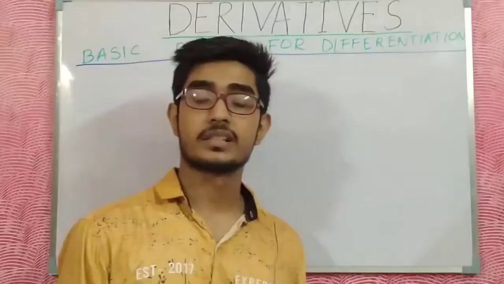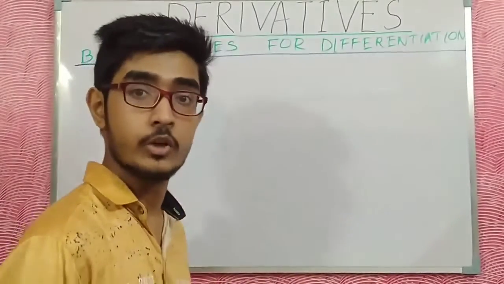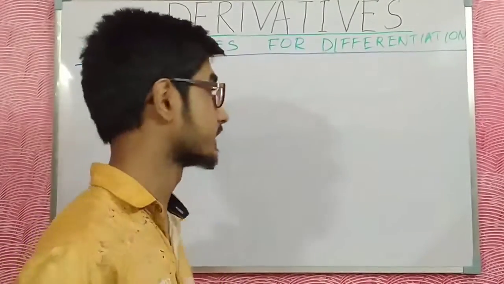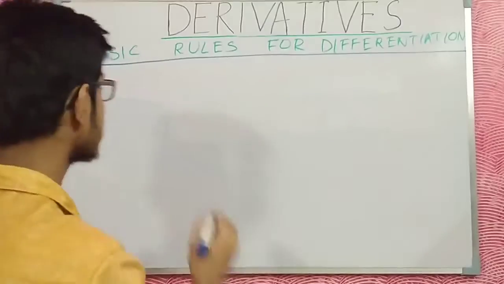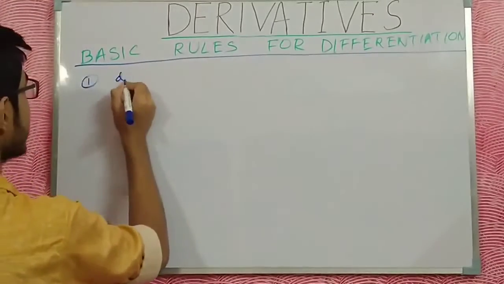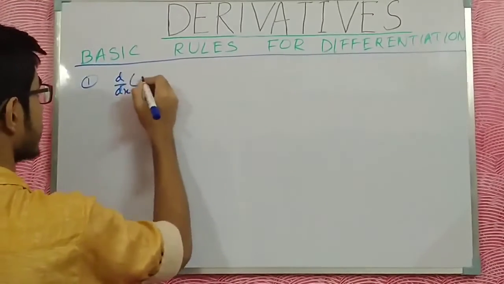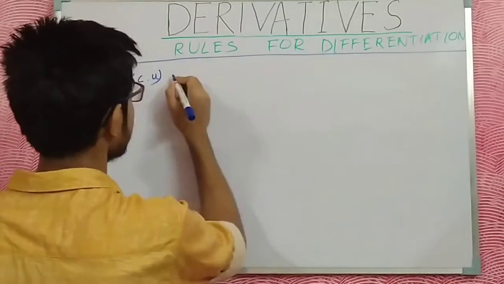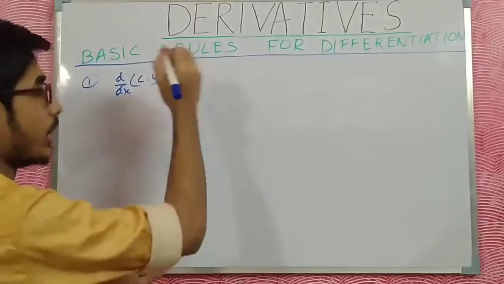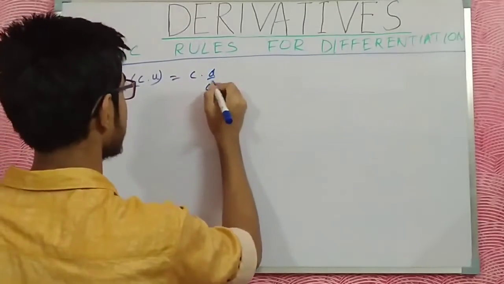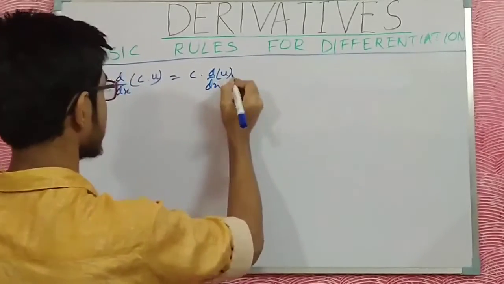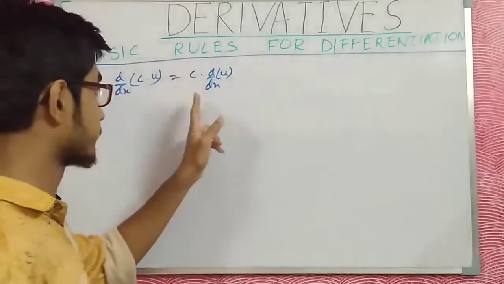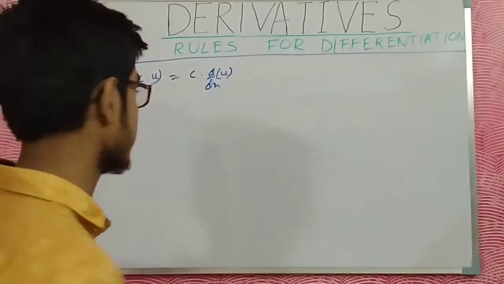So now I will discuss some basic rules for differentiation, which you will require mostly in the sums. The first rule is d/dx of some constant into some function, let u. Here the constant will be outside, then d/dx of u. The constant will come outside and then you will differentiate the function u.